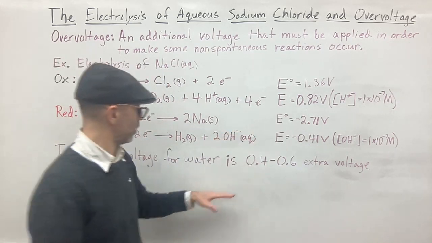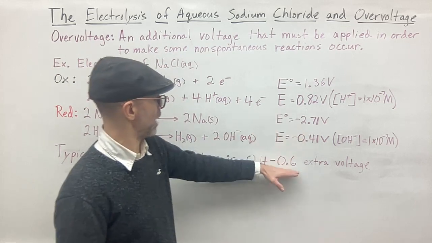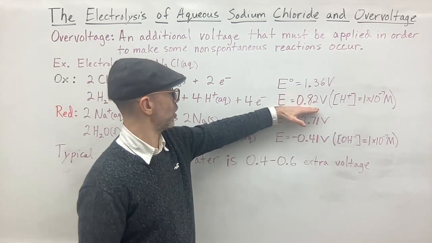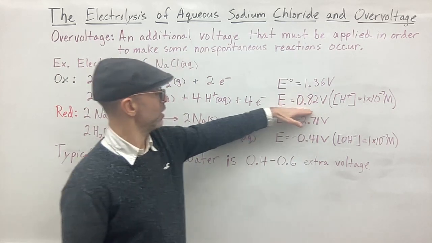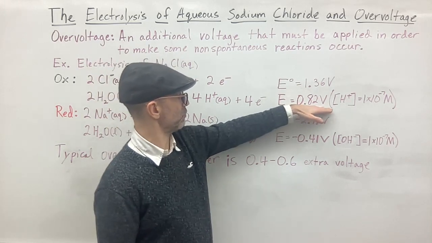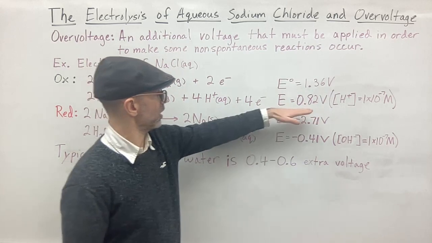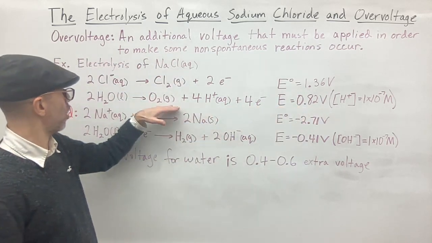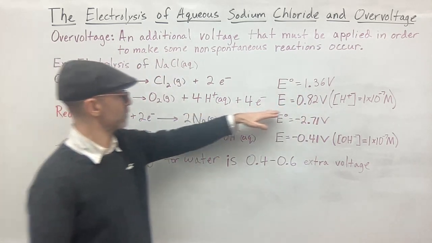But if we add 0.6 to this, that'd be 1.42. So 1.42 would be necessary for the oxidation of water at the anode.